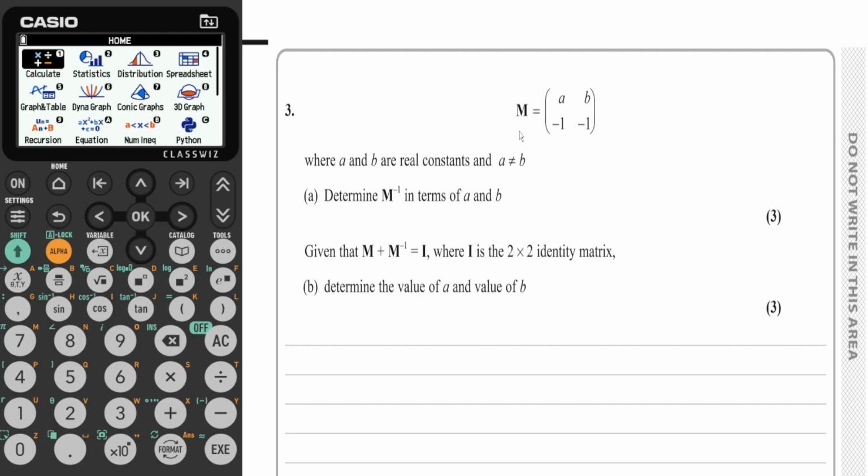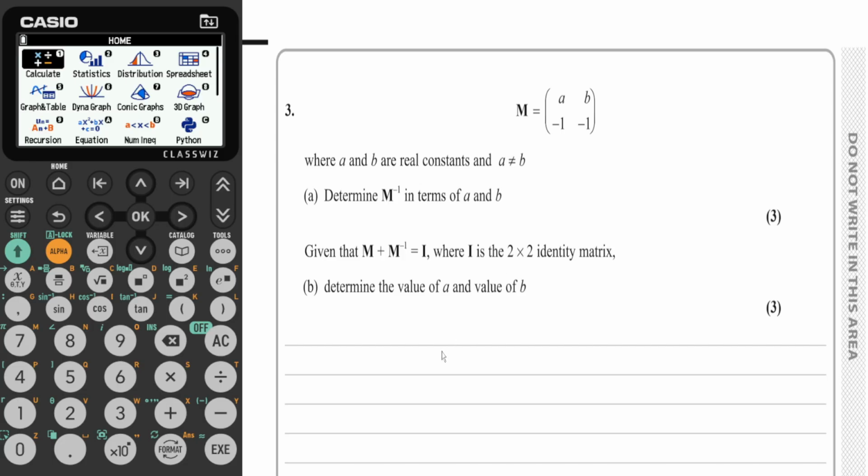Question number 3. We have the 2 by 2 matrix M, which is given by a, b, negative 1, negative 1. a and b are real constants and a does not equal b. Part A, we have to find the inverse of M in terms of a and b.